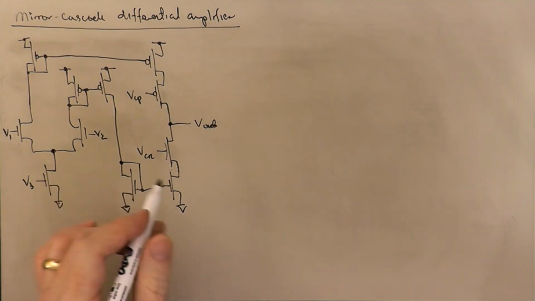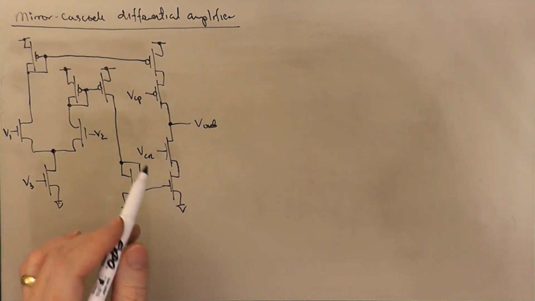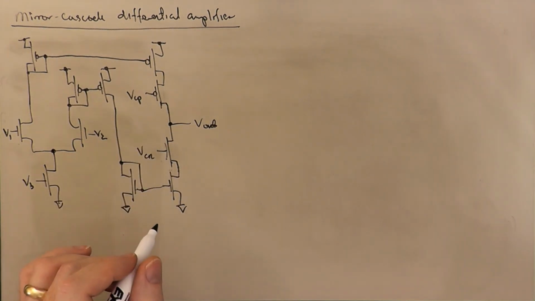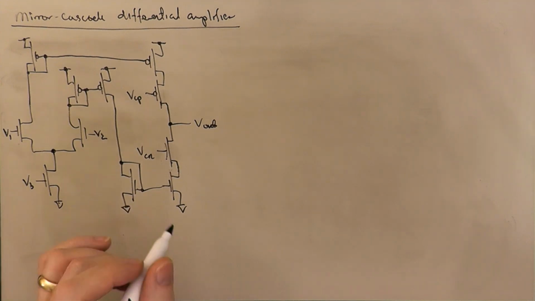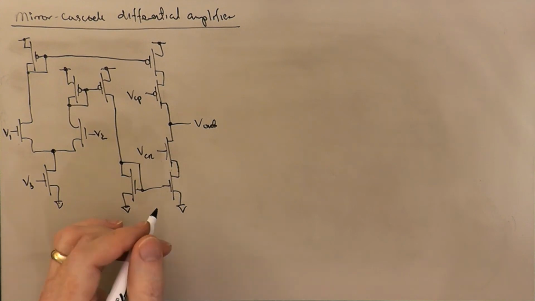It's actually bigger by a factor of the parallel combination of the intrinsic gain of the N and the P cascode transistors. But it's going to be something like on the order of an improvement by a factor of, let's say, 100 or a few hundred.